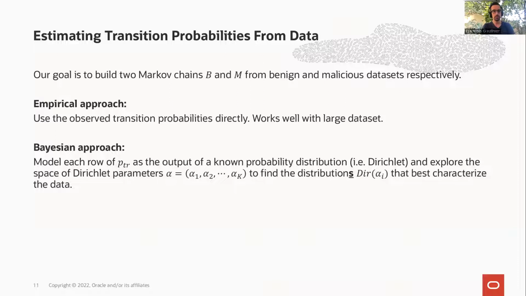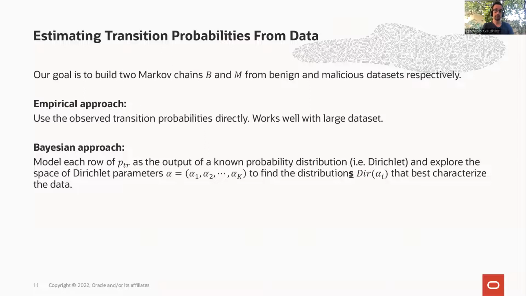So another approach is to use what I would call the Bayesian approach, where you are actually running simulations to determine a collection of Markov models that more or less equally well capture your training data. So now instead of going after just one Markov chain, we are going to build several of them.